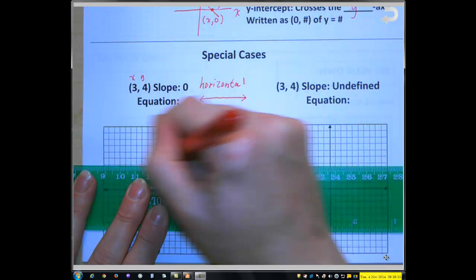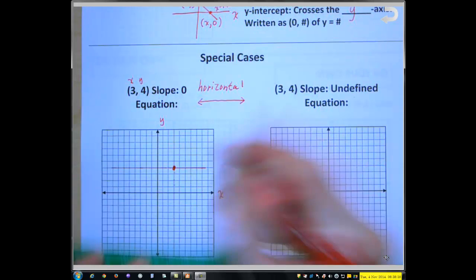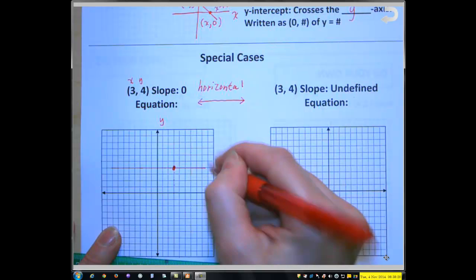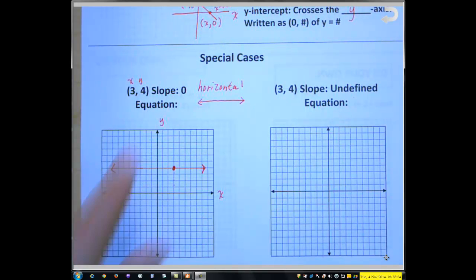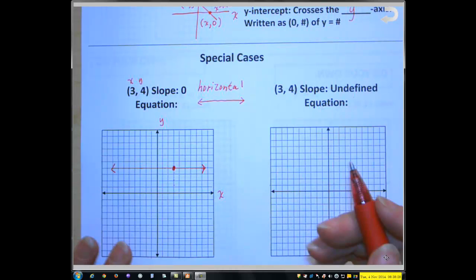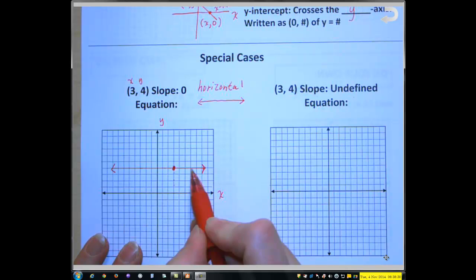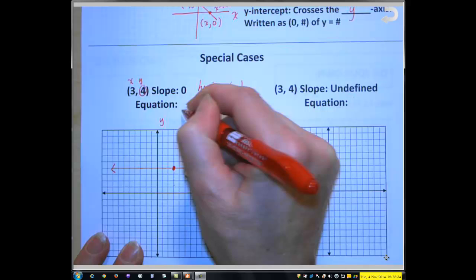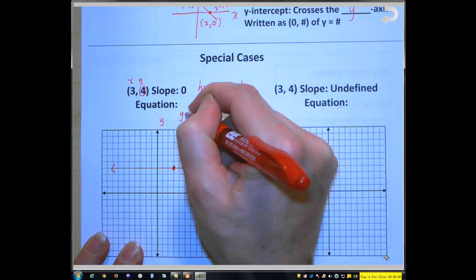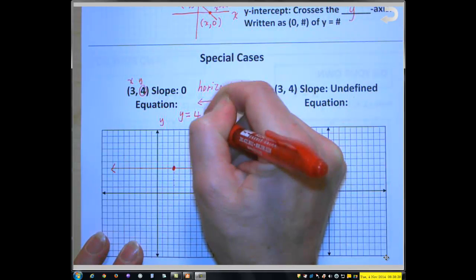So we just graph a horizontal line through the point. And now we want to write the equation of that line. Remember, we said on a horizontal line the y-coordinate is always staying the same. So the equation of this line would be y equals 4.